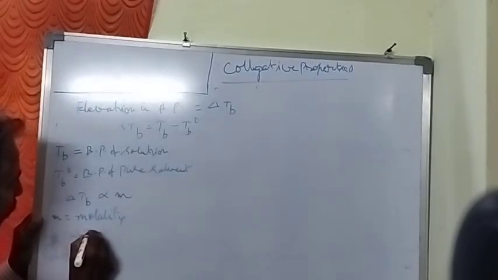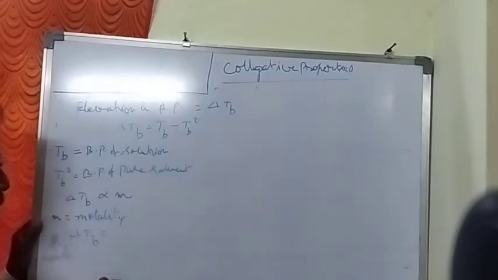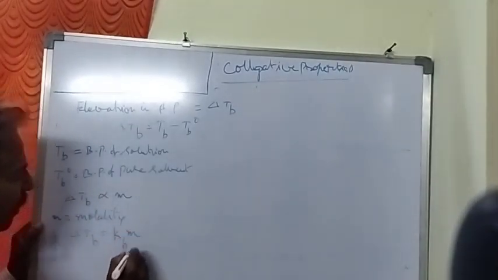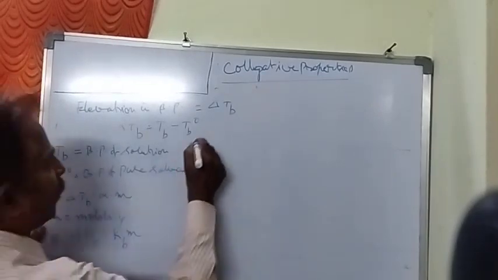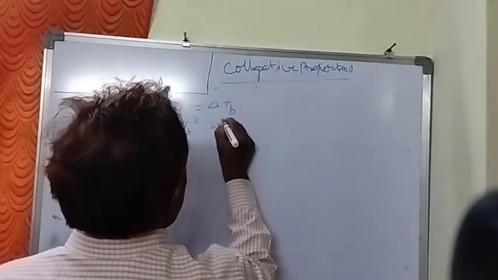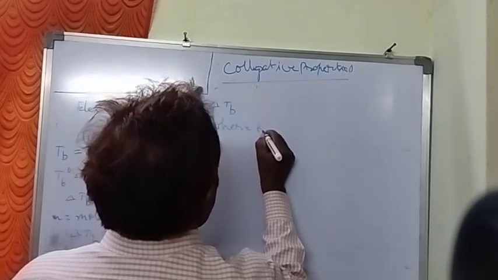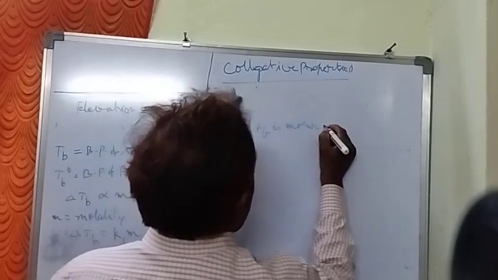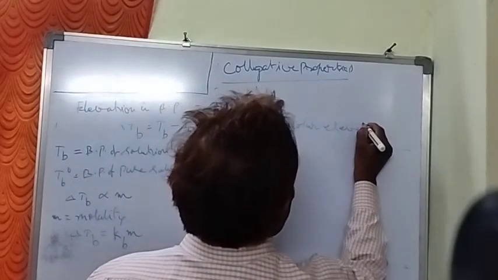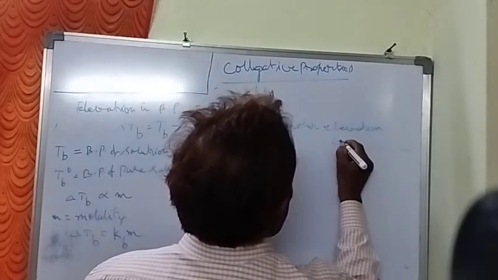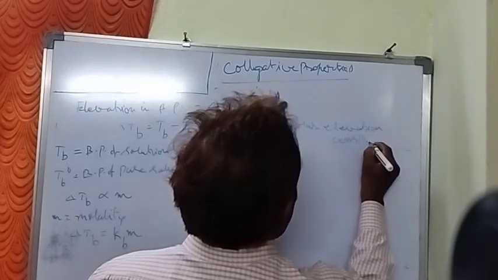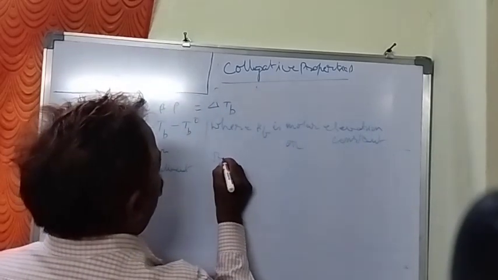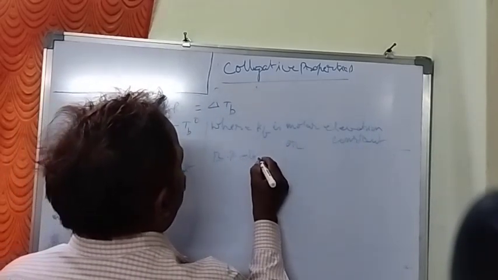To remove this proportionality, we write one constant known as KB, where KB is the molal elevation constant, or boiling point elevation constant.